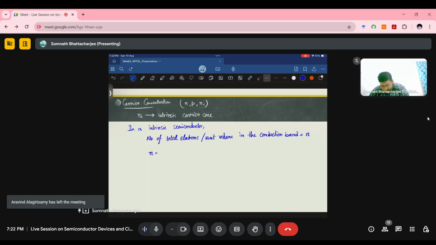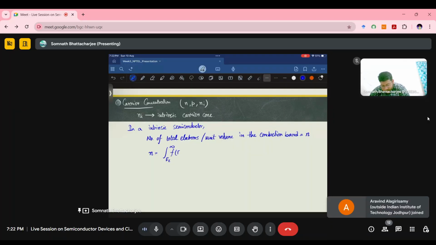We can write N as the integral over energy values from infinity to EC of Fe, Ne, and De. Fe is the Fermi function directly, and Ne is the density of states for finding that number of electrons.